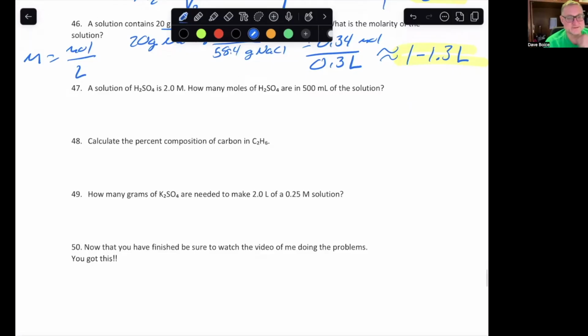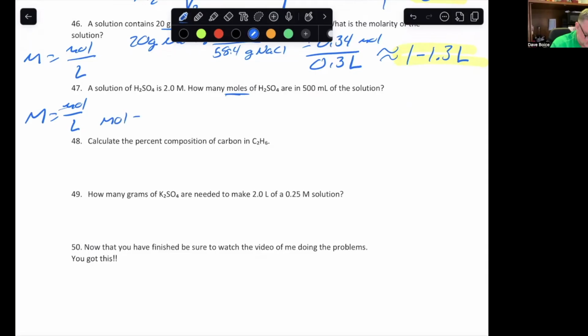3 more questions. Okay, a solution of H2SO4 is 0.2 molar. How many moles are there in a 500 milliliter solution? Okay, so molarity equals moles over liter. And so the question is asking how many moles. So let's solve for moles. If I cover up moles, I'm left with molarity times liter.